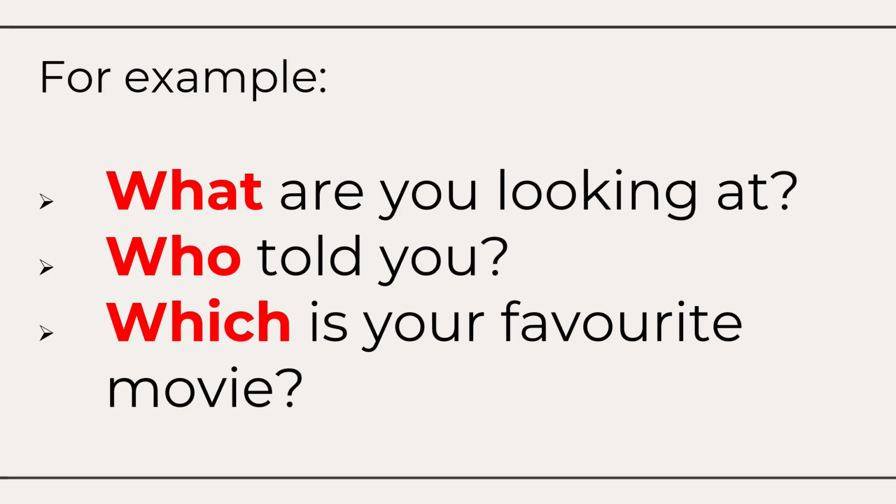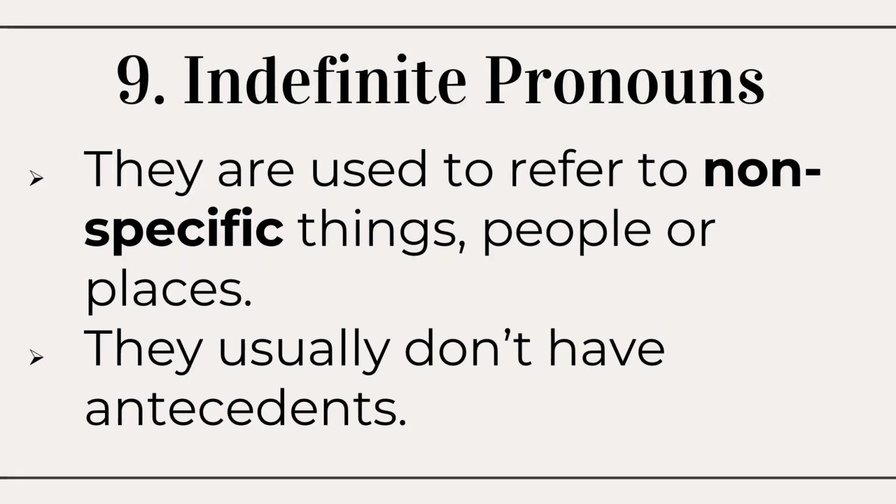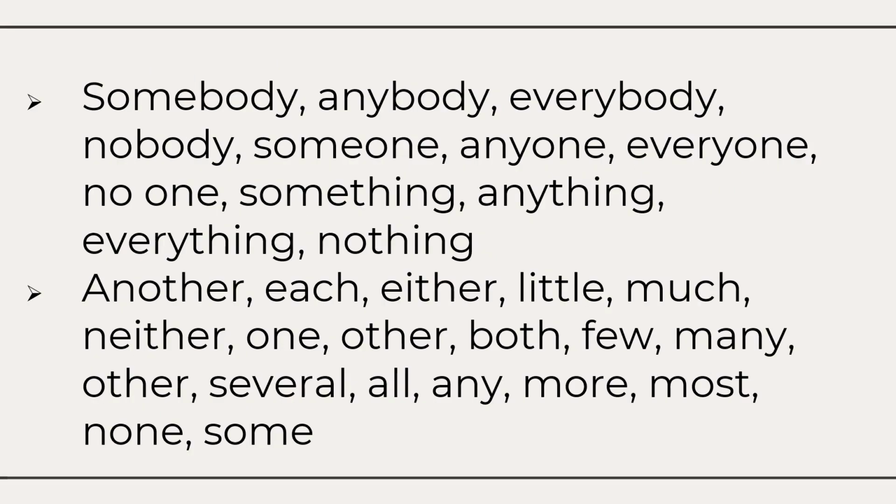Now we'll take a look at indefinite pronouns. They are used to refer to non-specific things, people, or places. It means that they do not refer to anything particular. Since they refer to things that are not specific, they usually don't have antecedents. There is a big list of indefinite pronouns.